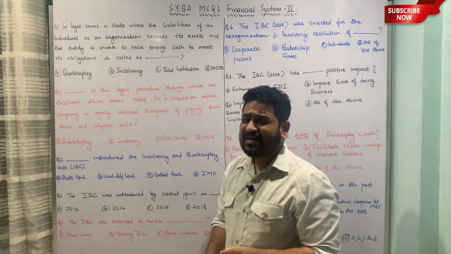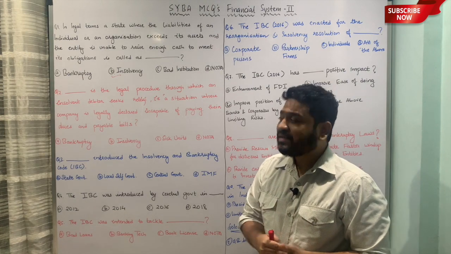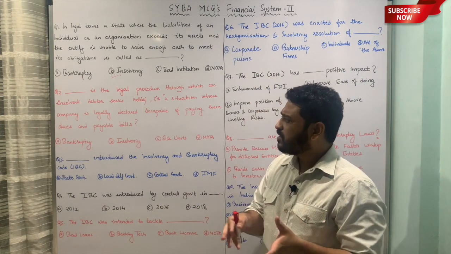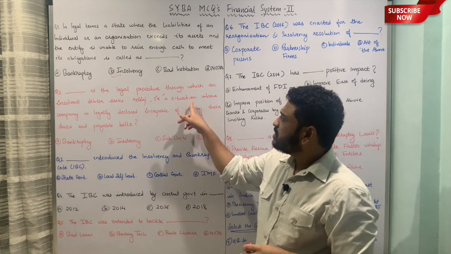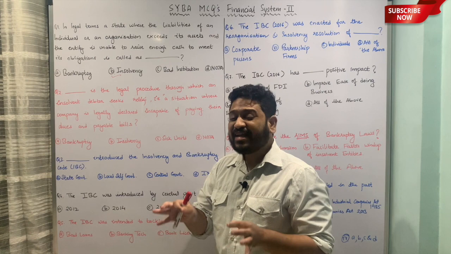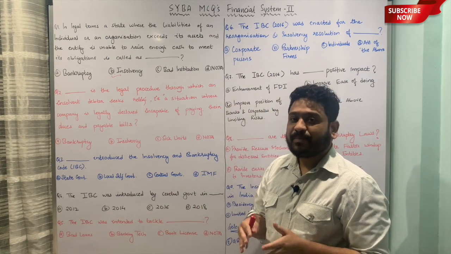Dash is the legal procedure through which an insolvent debtor seeks relief. Alternatively, it is a situation where the company is legally declared incapable of paying their dues and payable bills.